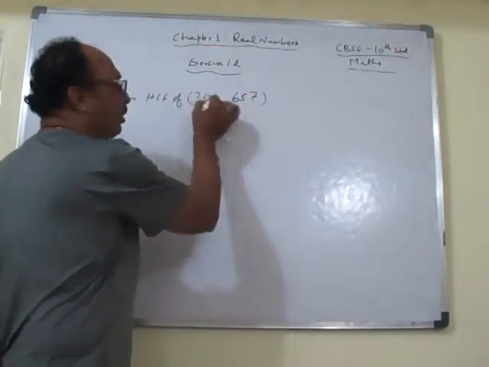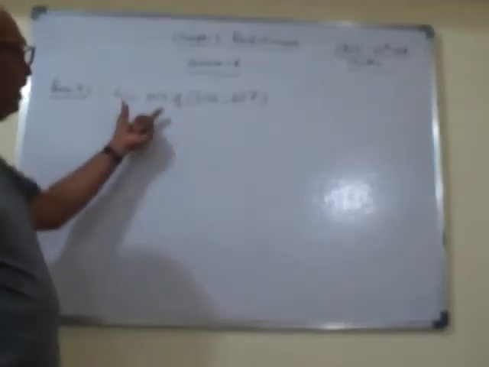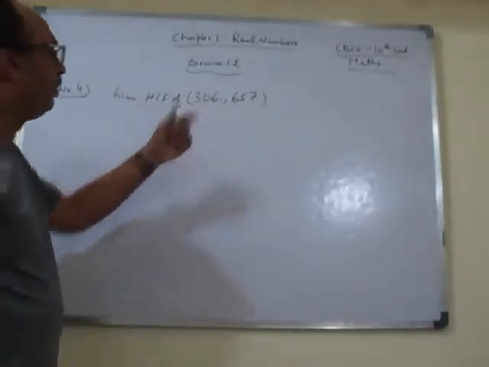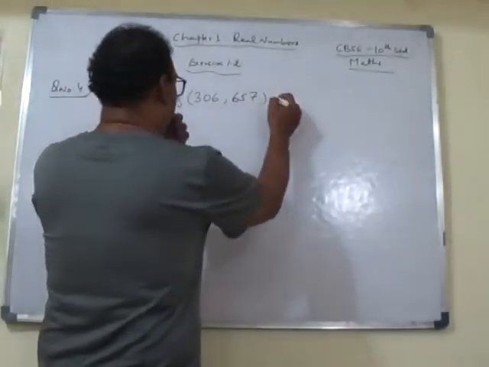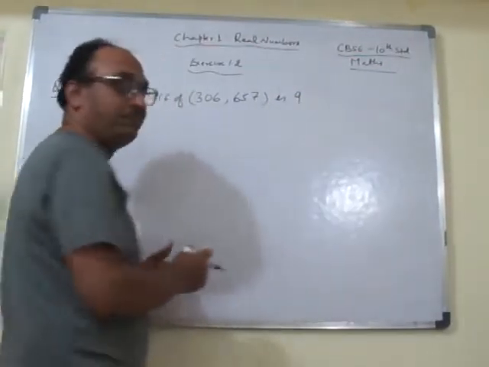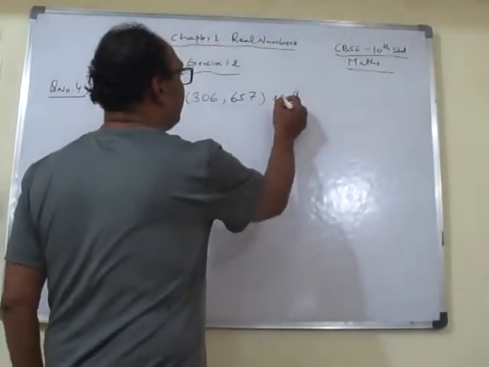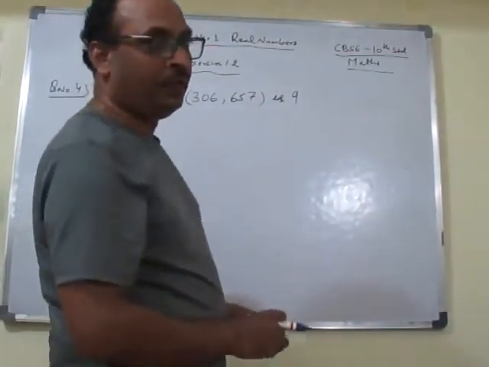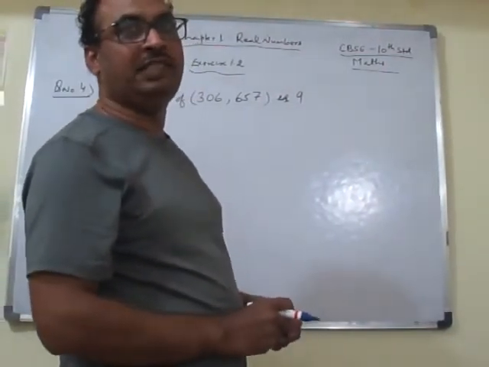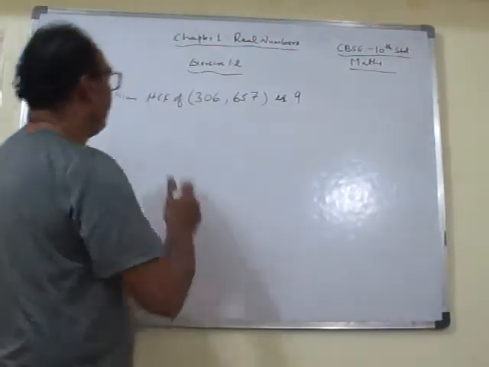We are given these two numbers, and we are also given that the HCF of 306 and 657 is 9. What we need to do is find the LCM of these two numbers.